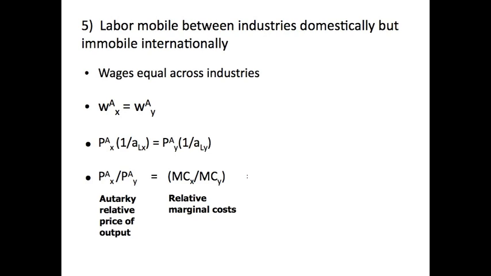That is going to be equal to the opportunity cost. And the opportunity cost is how much of one good you give up by producing the other good instead. That is ALX over ALY in the Ricardian model. But it does continue to be the ratio of the marginal costs in all situations.